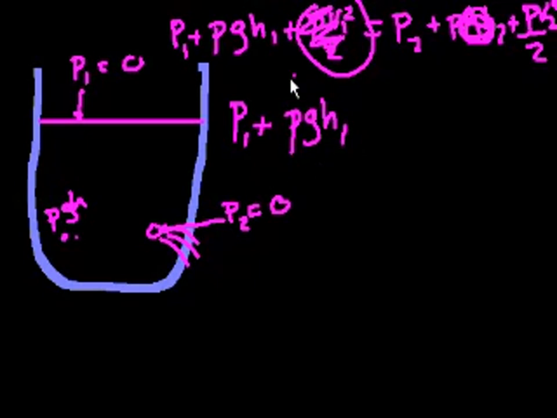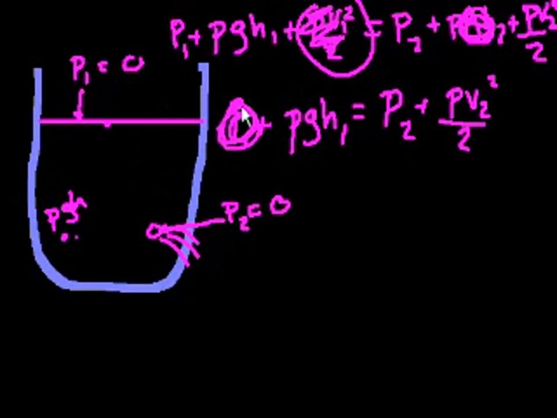This was kind of the potential energy term when we derived Bernoulli's equation, and that equals the output pressure, or the pressure at the output of the hole, at the right side of the hole, plus the kinetic energy term, rho V2 squared over 2. It doesn't add up completely to kinetic energy because we manipulated it. And I just wanted to really make the point that this is definitely 0. I think that is clear to you because we have a vacuum up here. So the pressure at that point is 0, so we could ignore that.